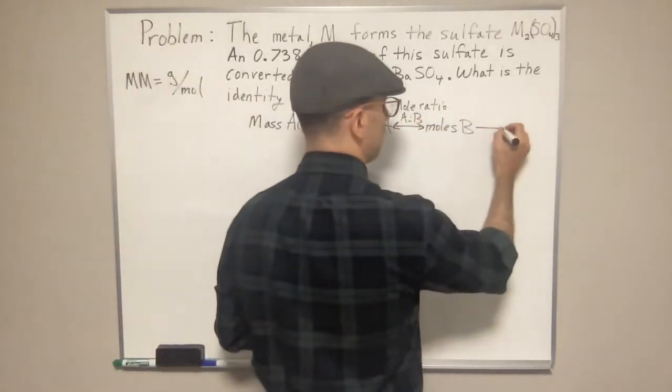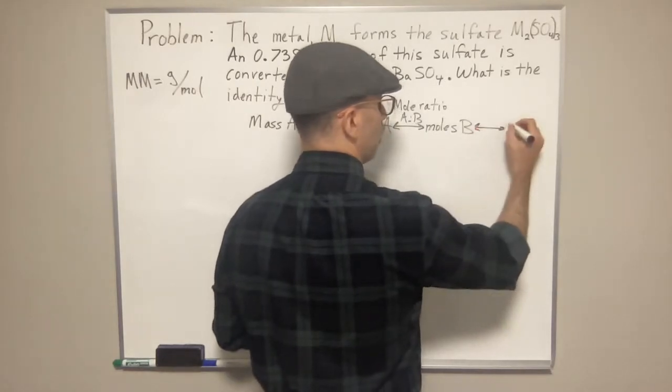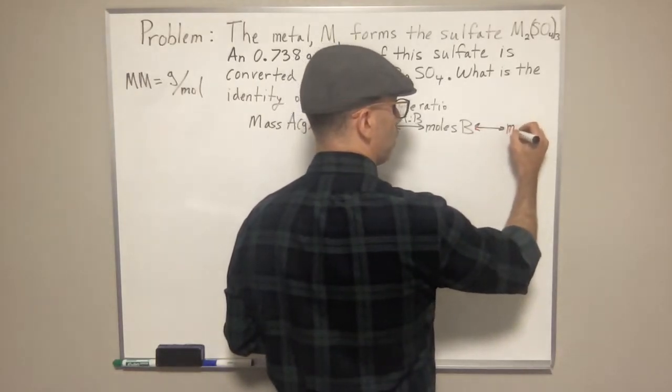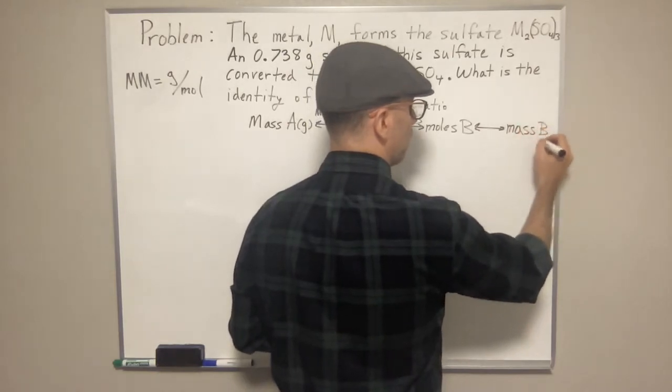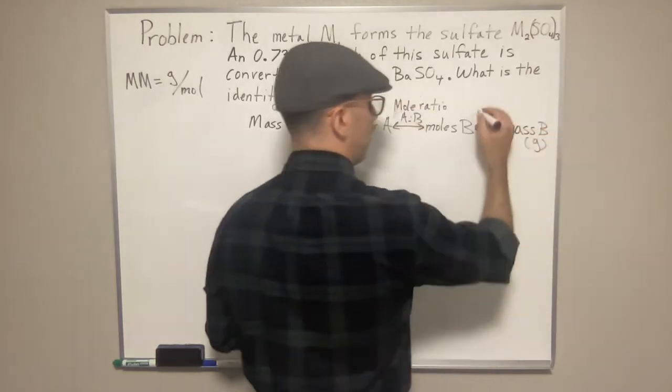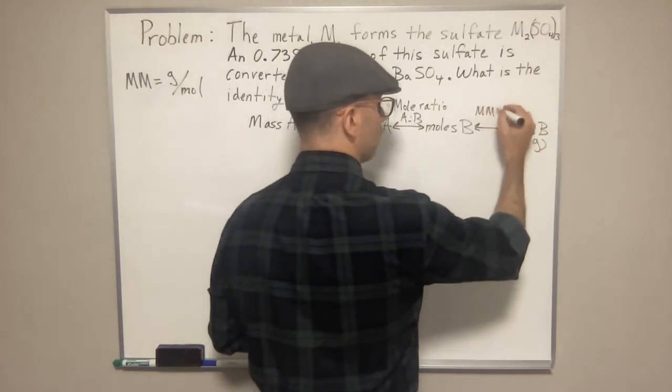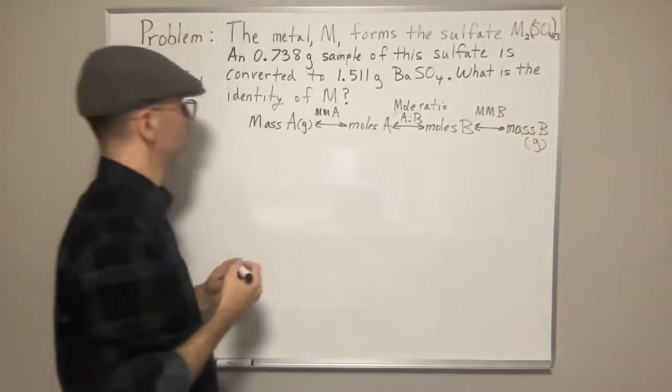And then finally, in order to convert moles of B to mass of B in grams, you're going to have to use the molar mass of B.